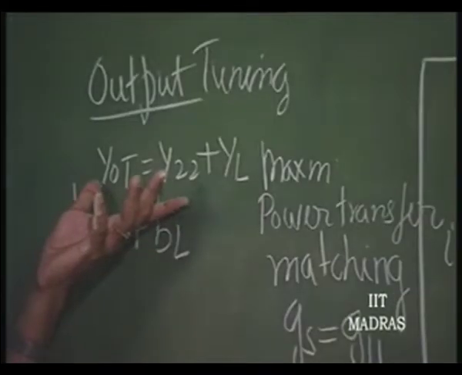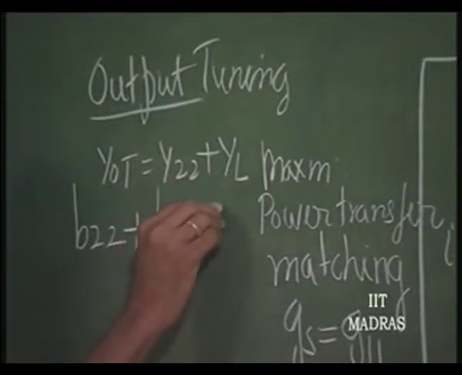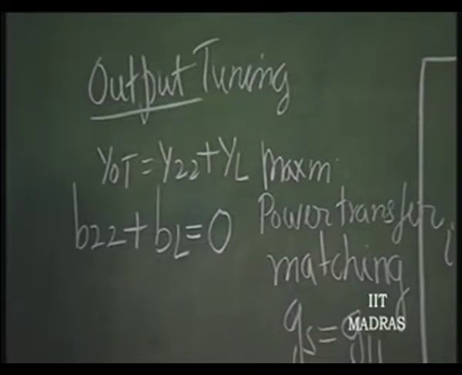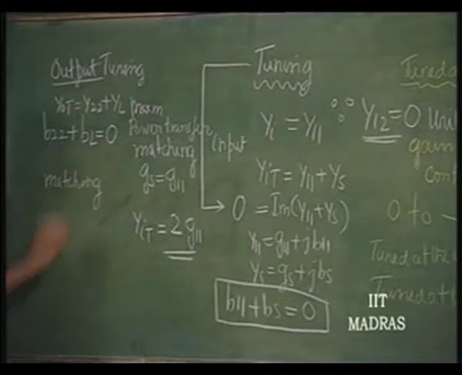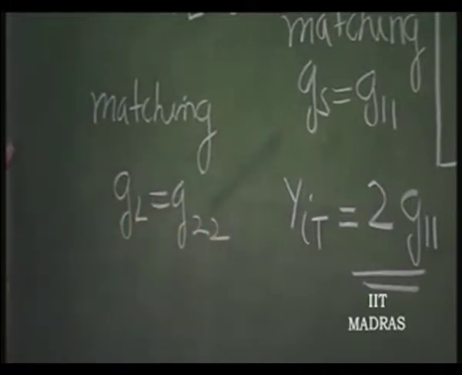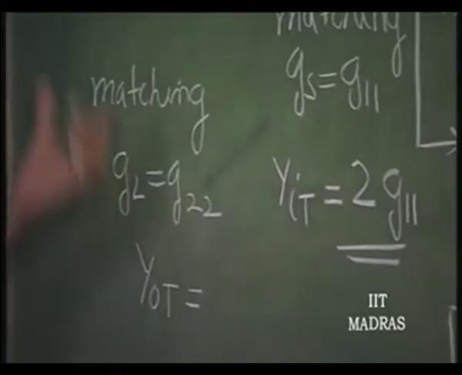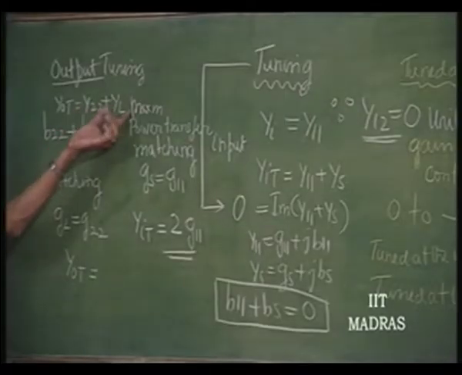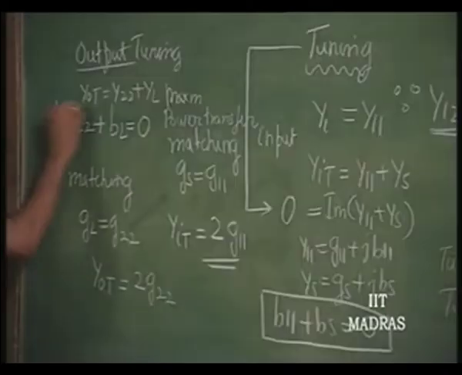So, Y naught total is equal to Y22 plus YL, and B22 plus BL is made equal to 0, and matching occurs when GL is equal to G22, and Y naught total at that point is equal to G22 plus GL, which is twice G22. So, this is tuning at the output.